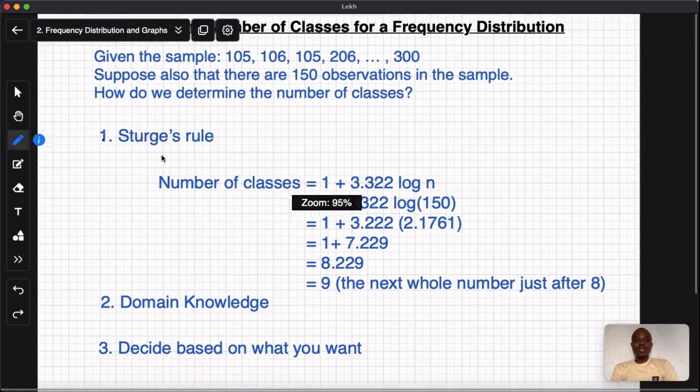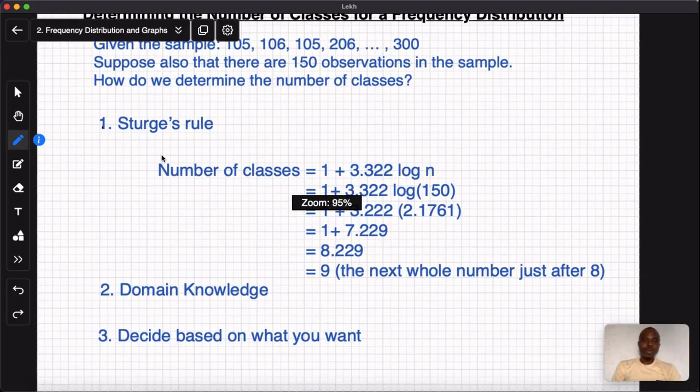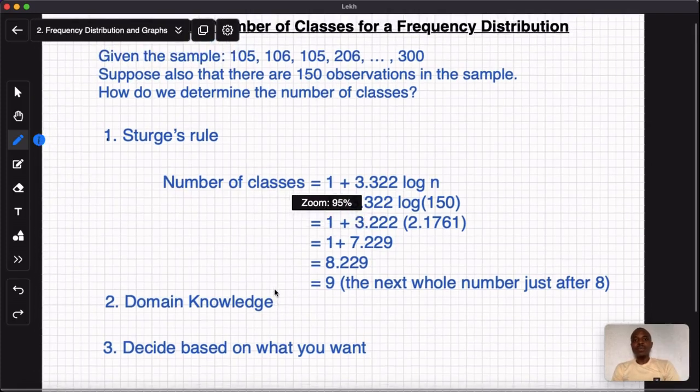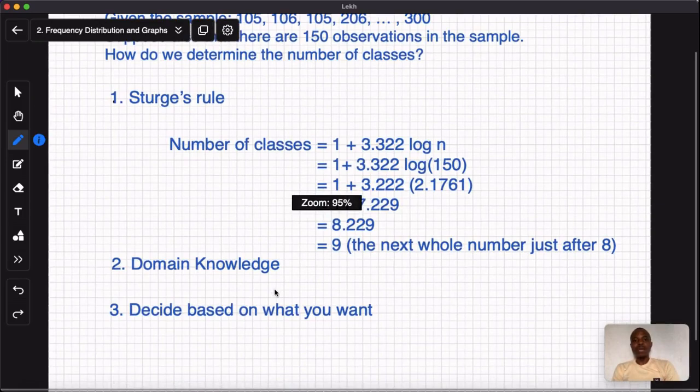There are a number of ways to do this. I've written Sturges' rule as the first, but let's look at domain knowledge, and deciding based on what you want. Domain knowledge has to do with you knowing the particular problem at hand. Let's assume you're an engineer and you already have knowledge in the field of engineering.